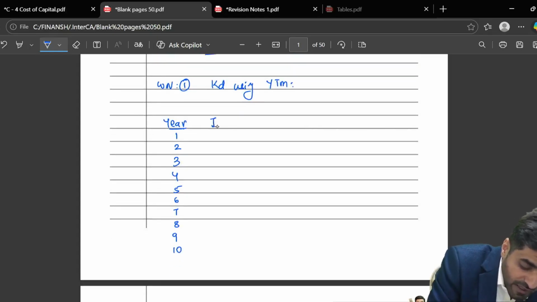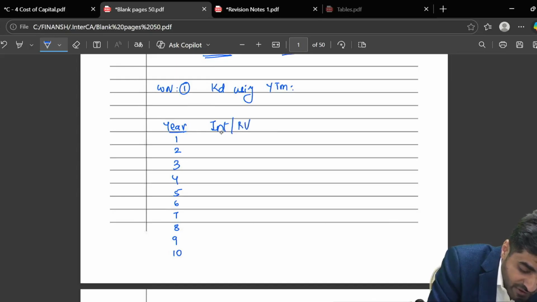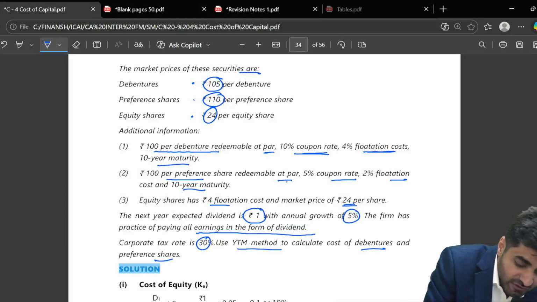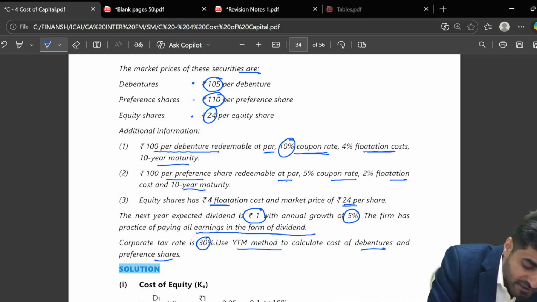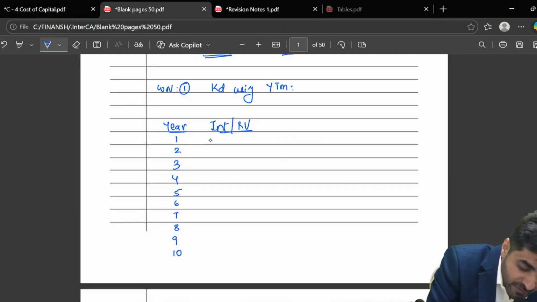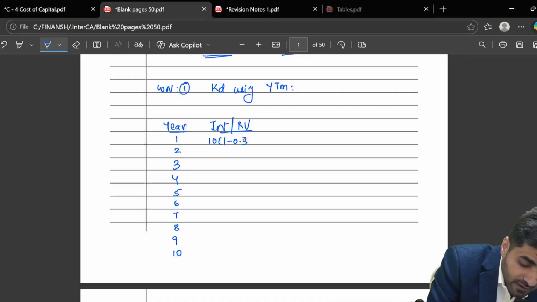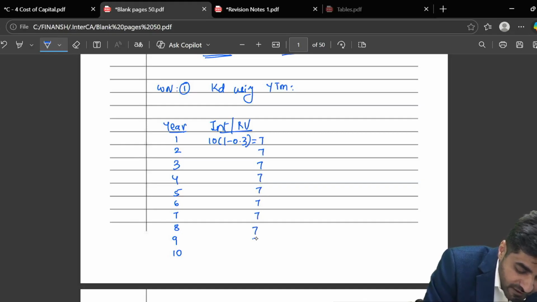And now I'll be having interest also and I'll be having redemption value also. Right? So what is the interest? Interest is always on the face value. So coupon rate is 10%, face value is 100. So interest will be 10 into 1 minus what's the tax rate? 30%. So that is going to be 7. So this will be 7 for the period of 10 years.